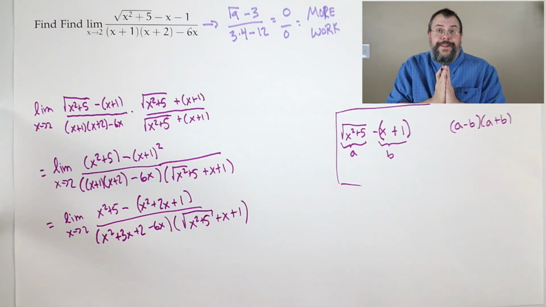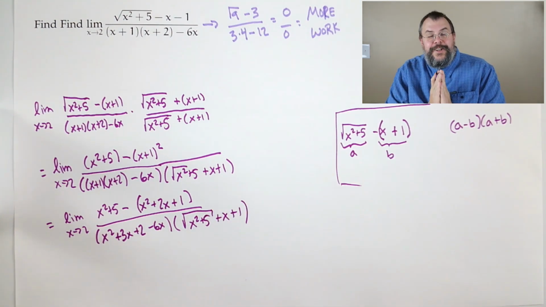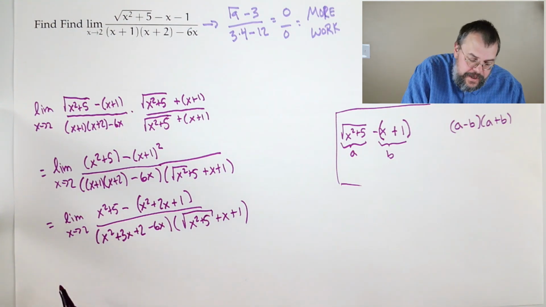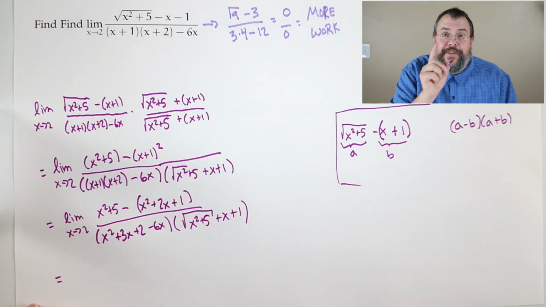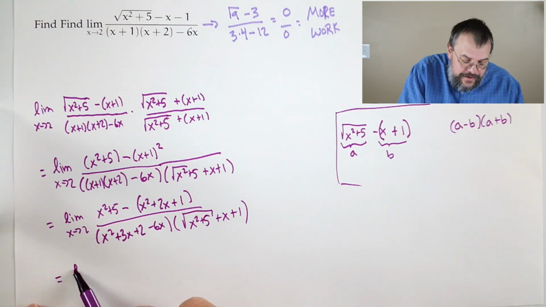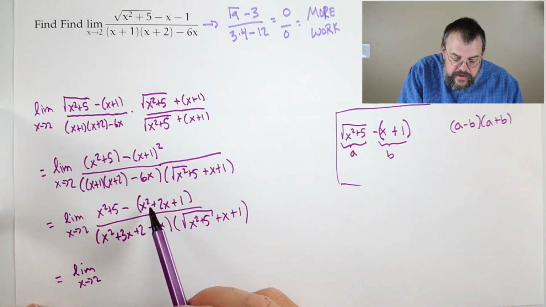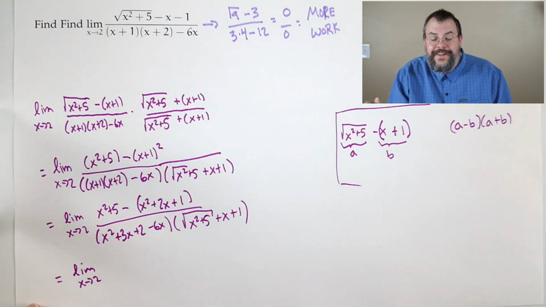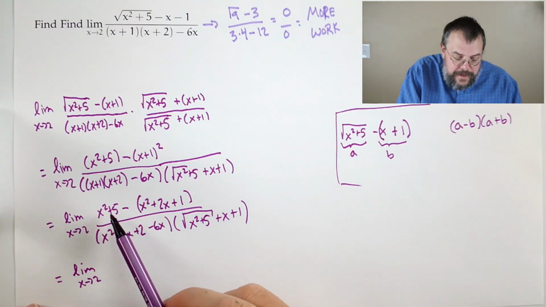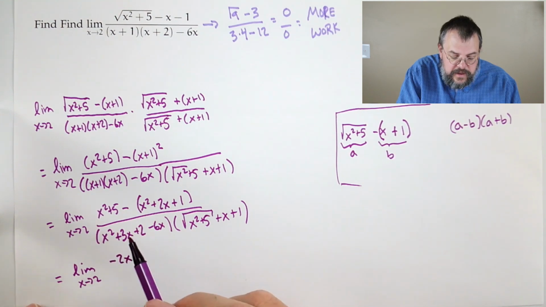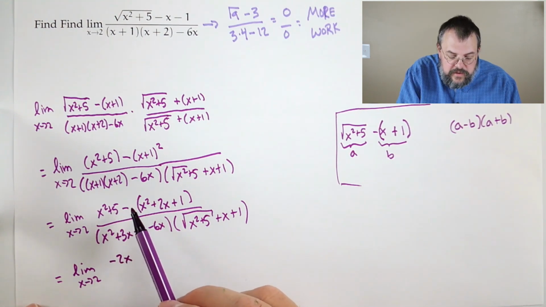All right, now, this is our moment of truth. We're going to clean up a little bit, and, well, not yet. Our next step is our moment of truth. So hold on. Limit as x goes to 2, and x squared minus x squared. Gone. Then there's no x here, but here there's a minus 2x, so minus 2x, 5 minus 1.